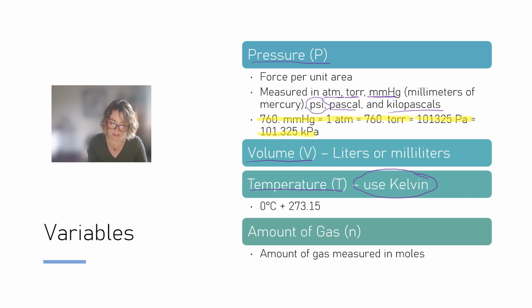And just to remind you, the conversion to go from Celsius to Kelvin is to add 273.15. And then the last unit, and again, this is something we've already talked about, is amount. The amount of a gas, we will be talking about in terms of moles, and the symbol we'll use for that is a lowercase n.